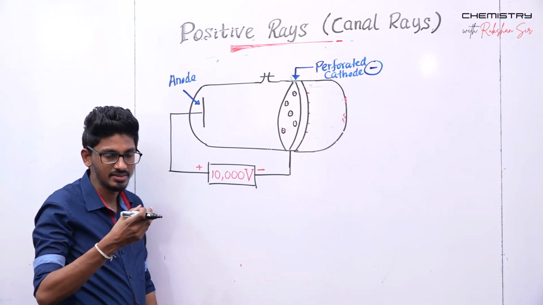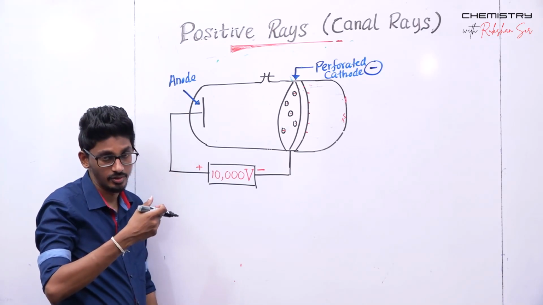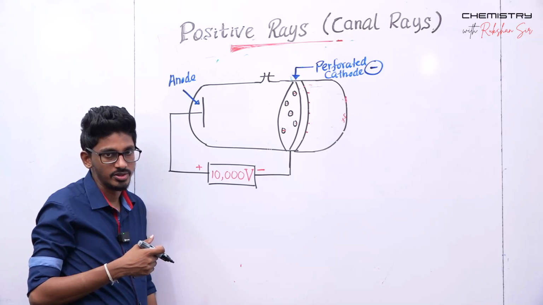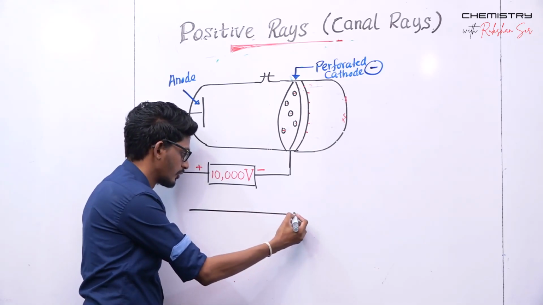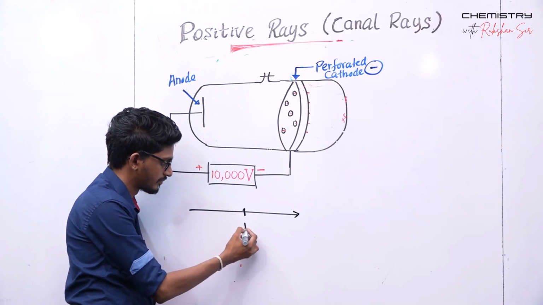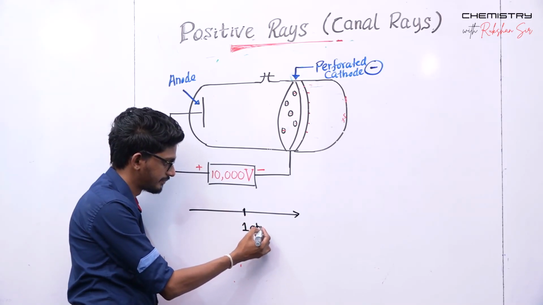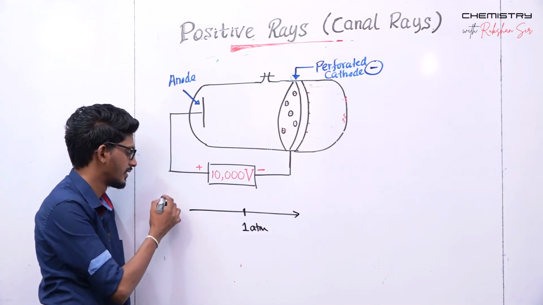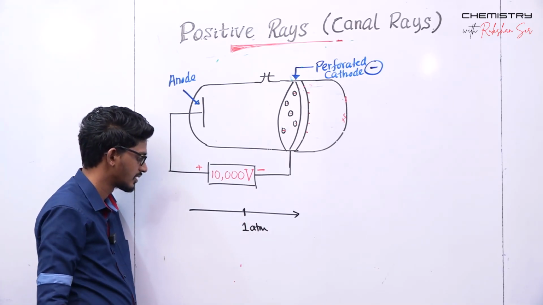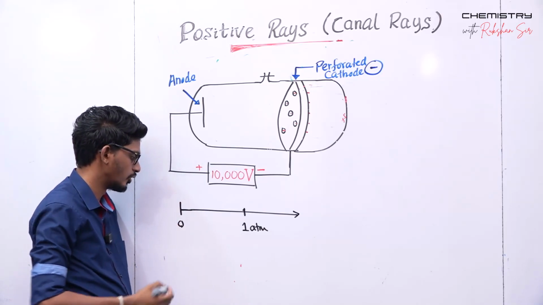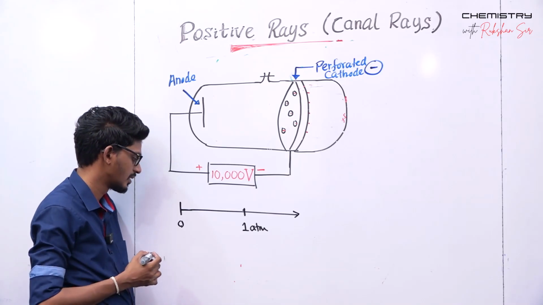But that low pressure is greater than the pressure of the cathode ray situation. Let's say this is 1 atm, the normal atmospheric pressure, and this is 0 atm.